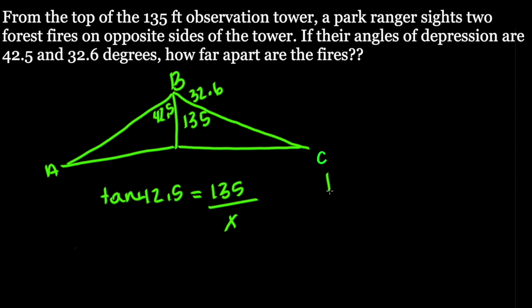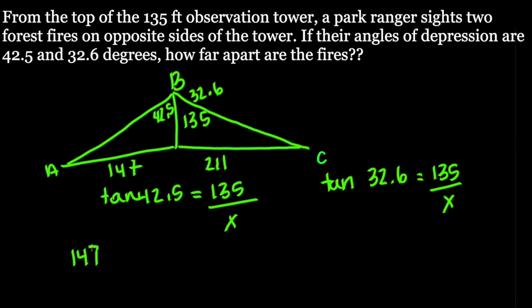And for this triangle, the tangent of 32.6 equals 135 divided by x. This comes out to this length being 147 and this length being 211.